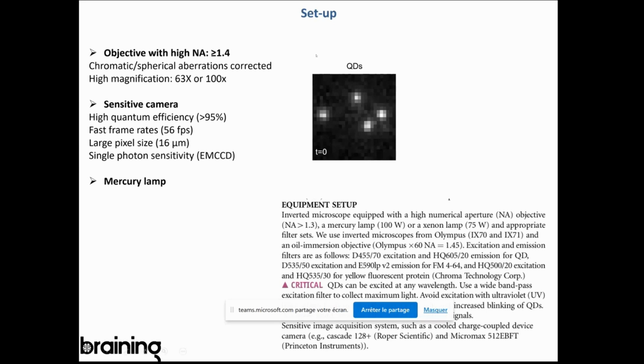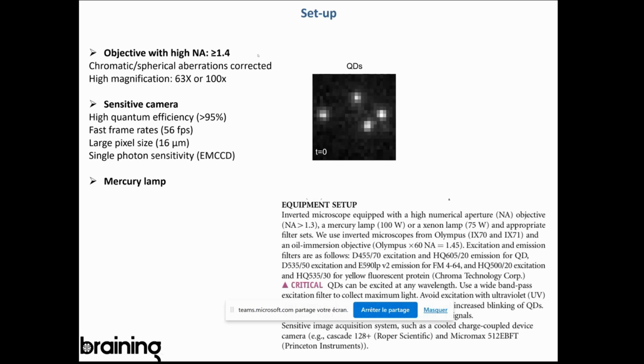Most of the time we are using a 63x or 100x objective with a high numerical aperture, which means it can collect a maximum of photons. So you want to collect a maximum of light from your sample.